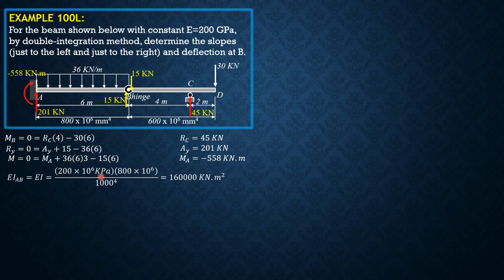So kilonewton per meter squared times meter to the 4th, so 160,000 kilonewton meters squared. And EI of BCD is only 0.75 of EI of AB.